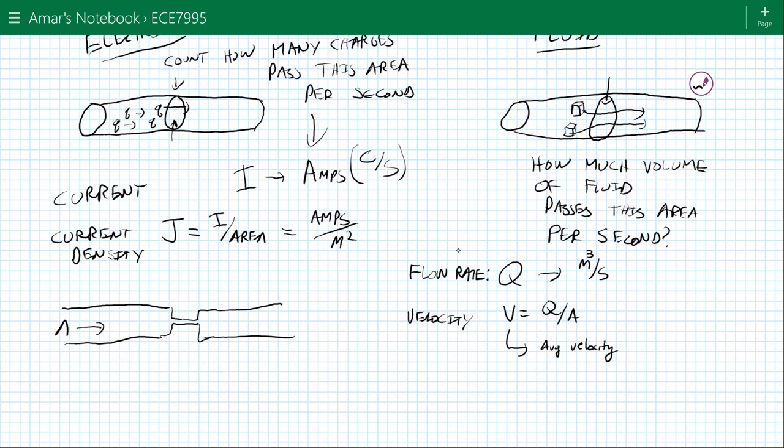And you have current going through here. So the current density in the middle region is going to be much larger than the outside, right? One of the things that current density does is it actually causes heating. So those small regions can actually heat up, and that leads to failures in electrical circuits.